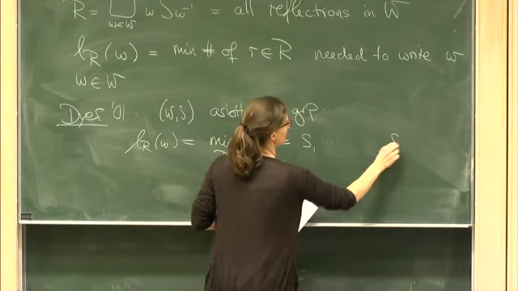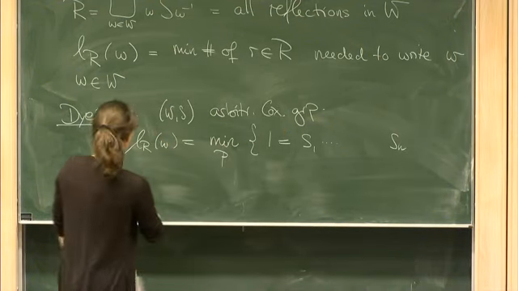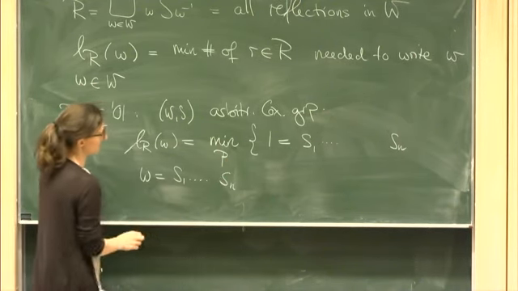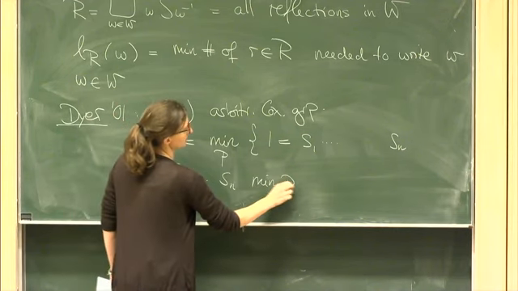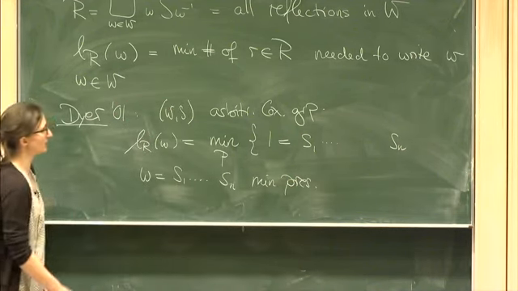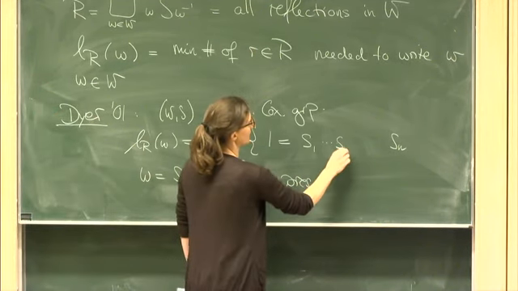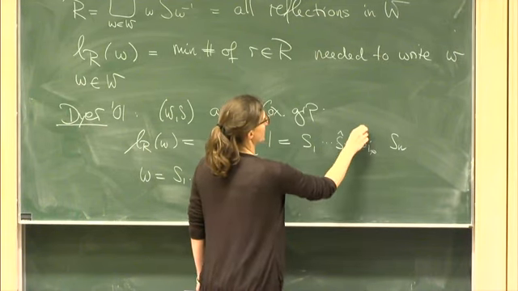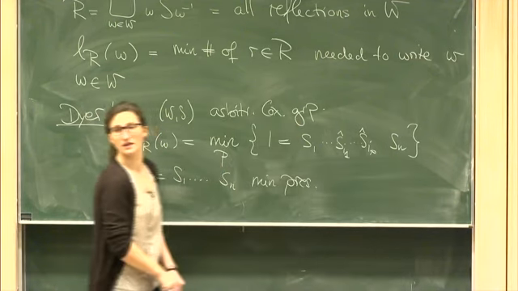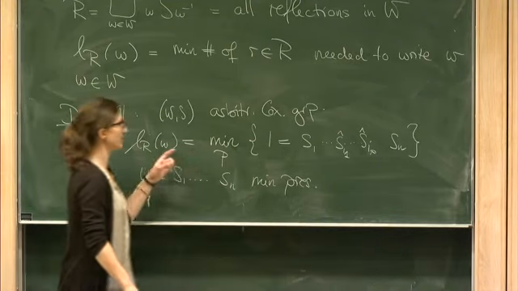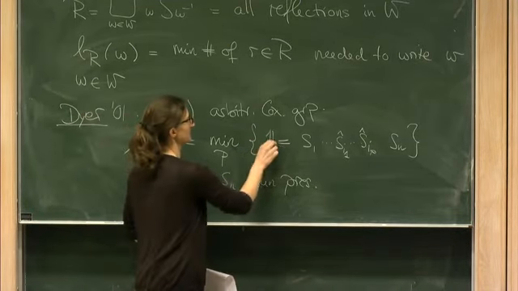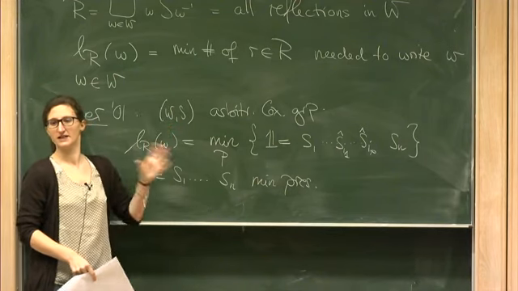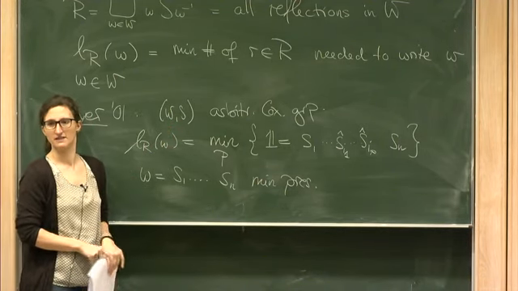You write your element w in a minimal way in S, so s_1 to s_n, a minimal presentation for w. And then you delete letters s_{i_1} to s_{i_p} somewhere in your word. And by doing so, you hope you end up at the identity. And the minimal number of letters you have to delete in order to end up at the identity will give you the reflection length.